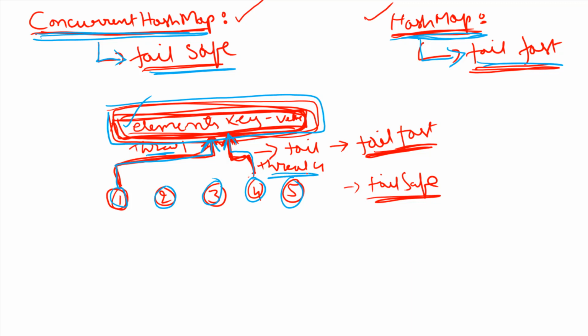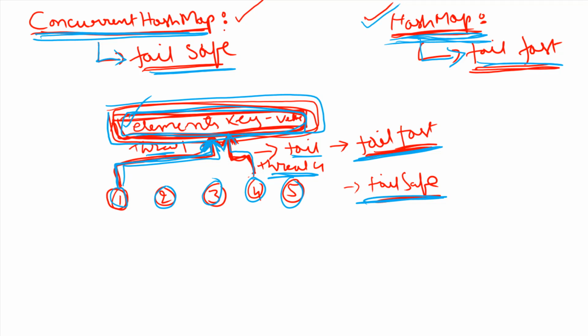If thread 4 fails to do the changes because thread 1 is already working on it, then that is called a fail fast operation, or we can also say that it is not thread safe. But if thread 4 can do its modifications on this map even though thread 1 is working on it, then it is called a fail safe one. An example for fail safe is concurrent hash map, and for fail fast, the example is hash map. But what are the methods that we have used so far in hash map?